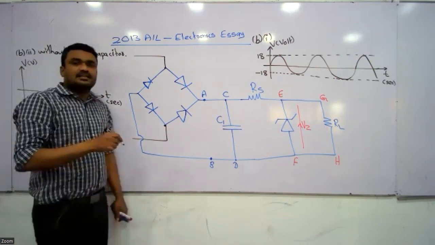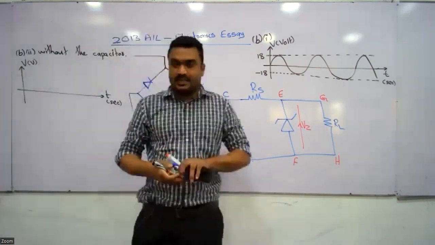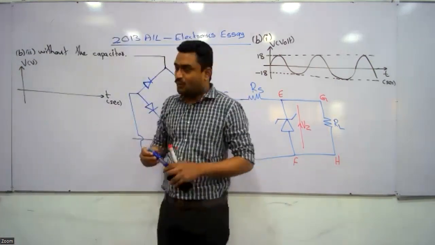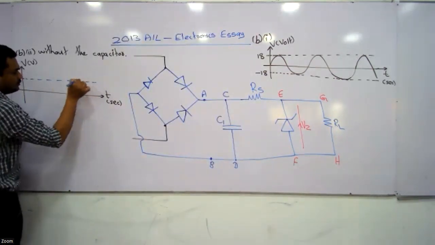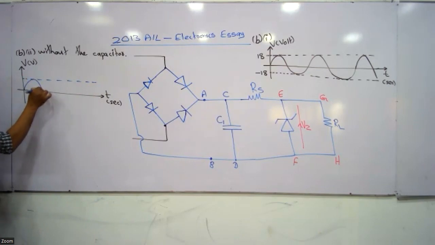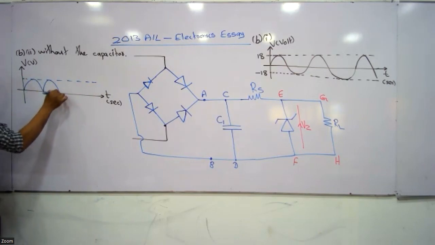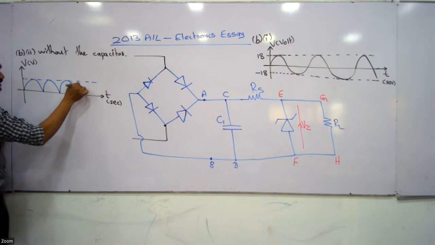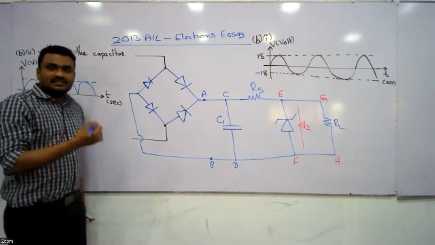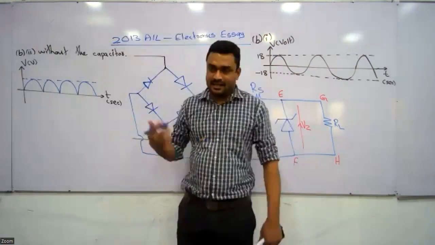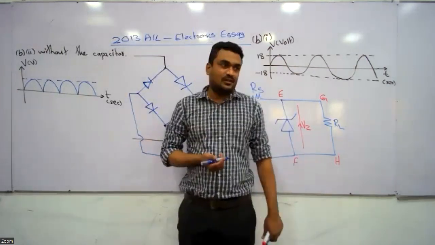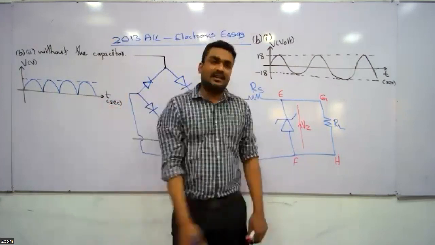The rectifier converts the entire alternating voltage into a direct current voltage, so the rectifier output voltage will be like this. In this case, don't worry about the junction voltages. You can assume that the diodes are ideal, so they don't ask anything about the junction voltage. Just draw the wave pattern like this. That's it.